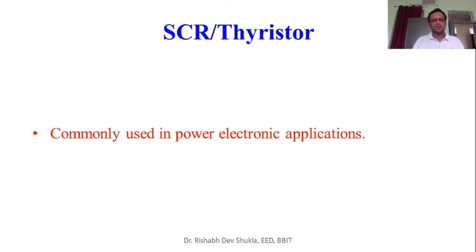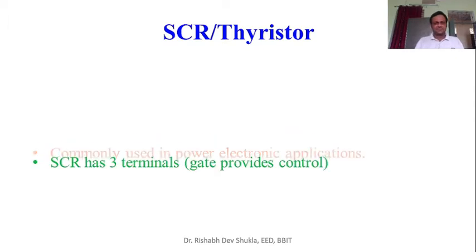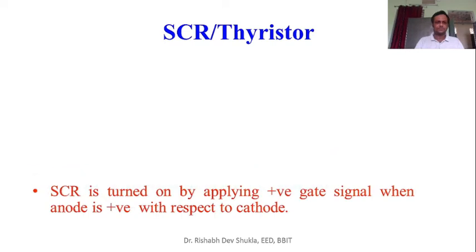It is very often used in power electronics applications. By using the third terminal, which is named the gate, we can control its turn on. The SCR is turned on when the anode is positive with respect to the cathode and we apply a gate signal.